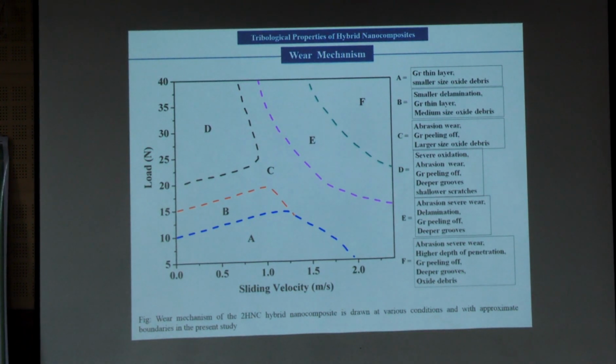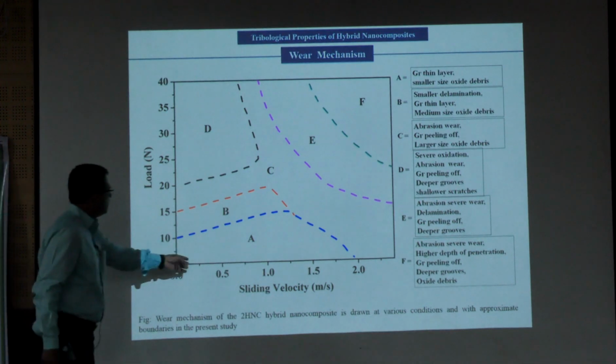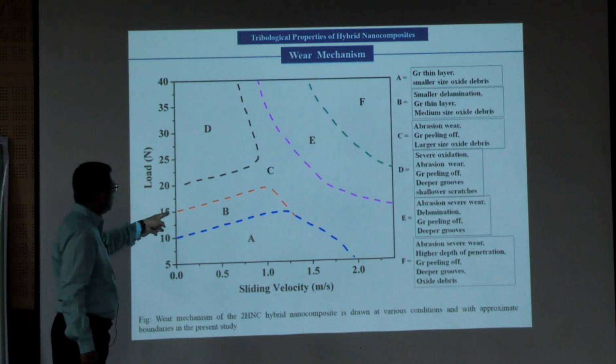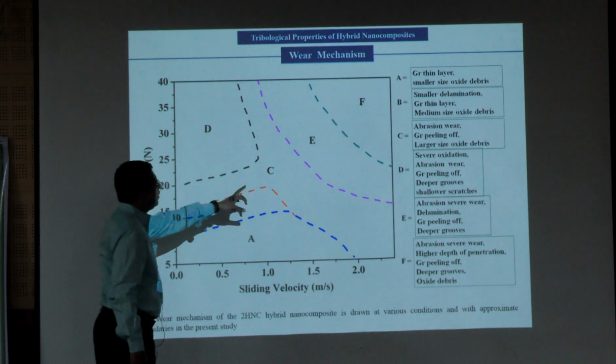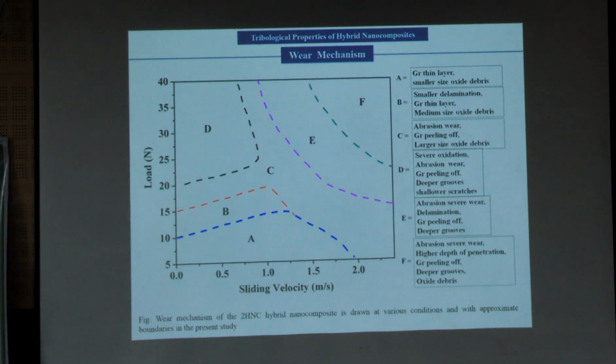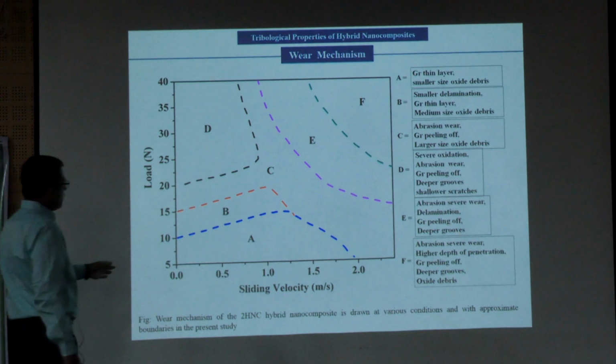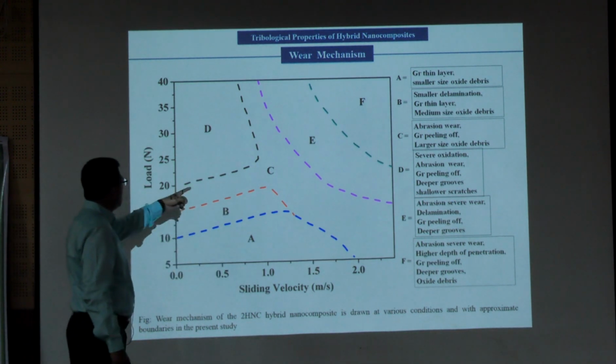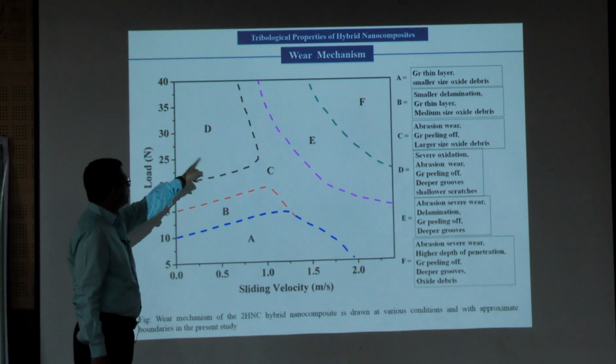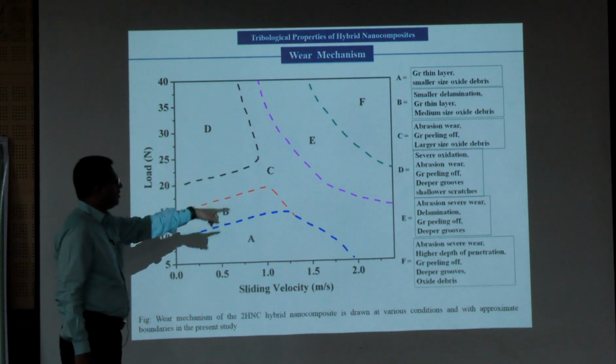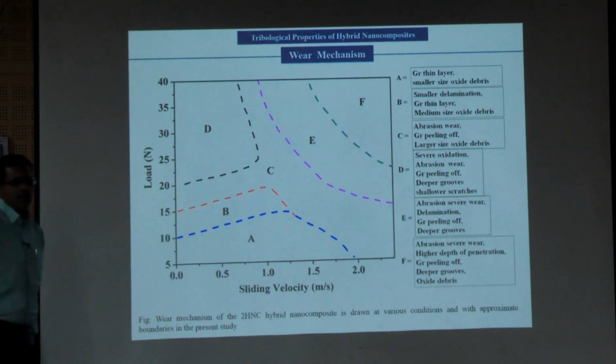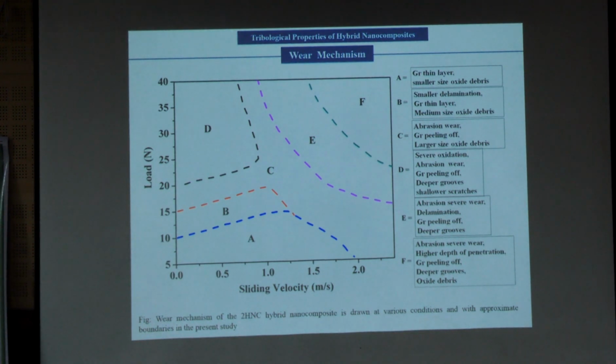But if you increase the load at the same velocity, then this is the region where we get smaller delaminations, a graphite thin layer, and medium size oxide debris. Like that, if you take any particular value of velocity and load, at that particular point you can see the region, and depending on the region, you can get what type of wear is there. This analysis is from the wear debris.